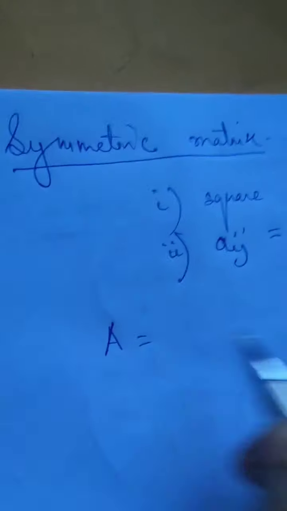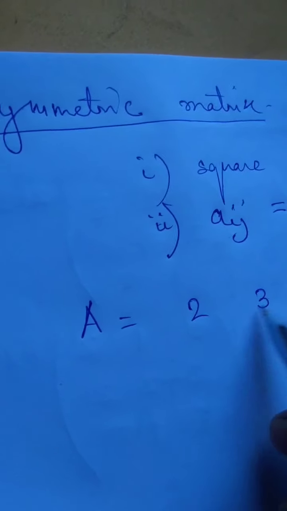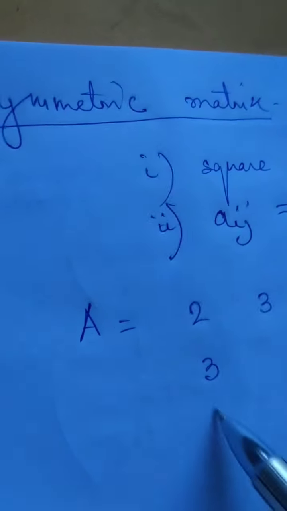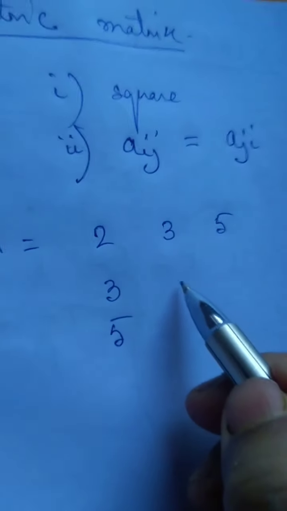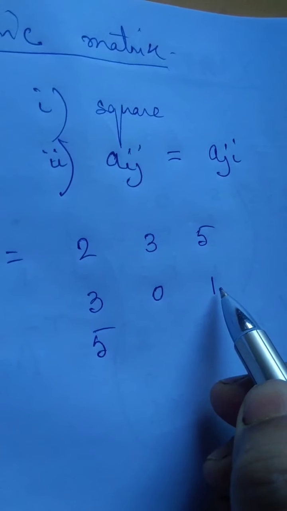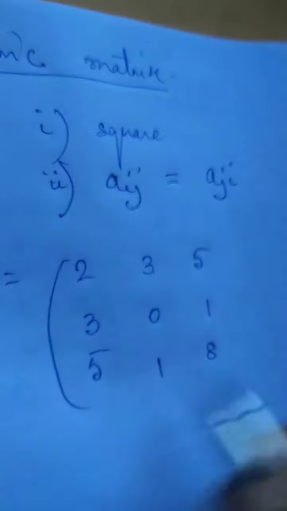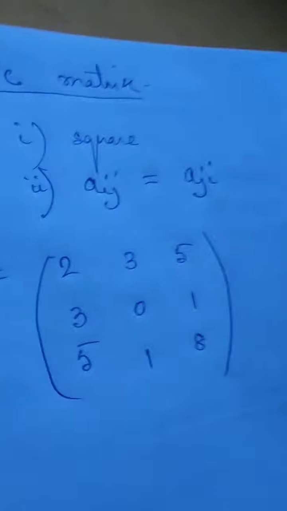Let me give an example. This matrix A is equal to 2, 3, 5. Elements of the first row will be the same as the elements of the first column. 0, 1. So the second row is now 3, 0, 1. The second column will also be 3, 0, 1, 8. So this is a symmetric matrix.